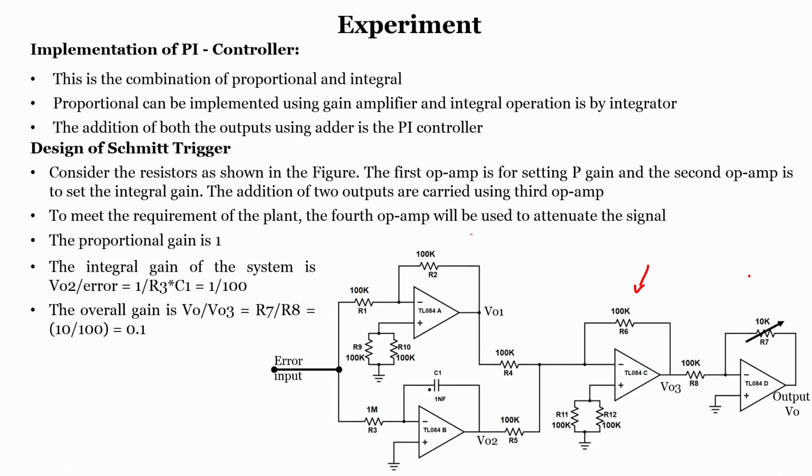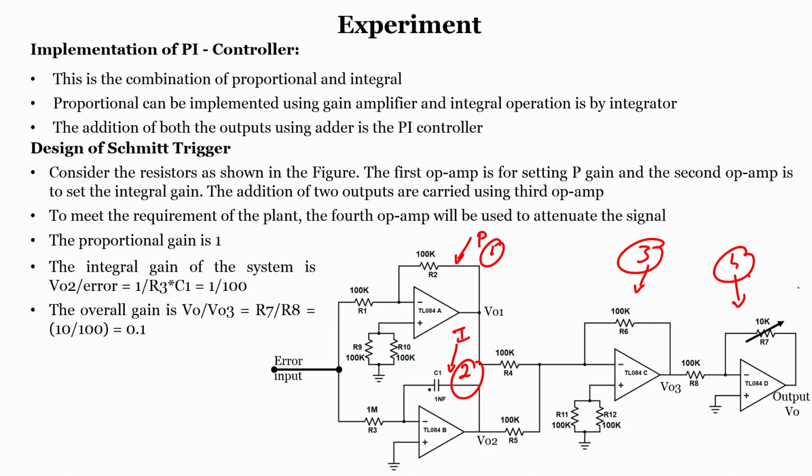So, you can see this is the proportional gain, this is the integral gain, and the addition of both is sent to this third op amp, op amp number 3, the addition of proportional and integral output. To meet the requirement of the plant, the fourth op amp will be used to attenuate. We can say this is 1, 2, 3 and 4.